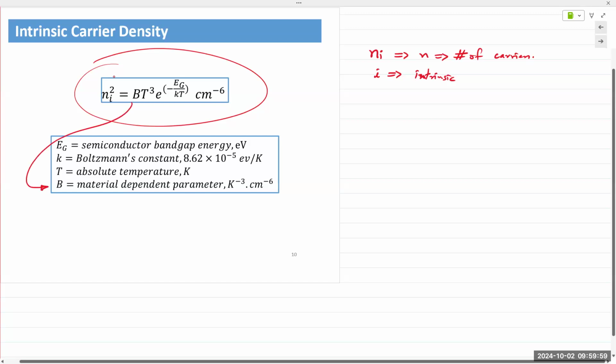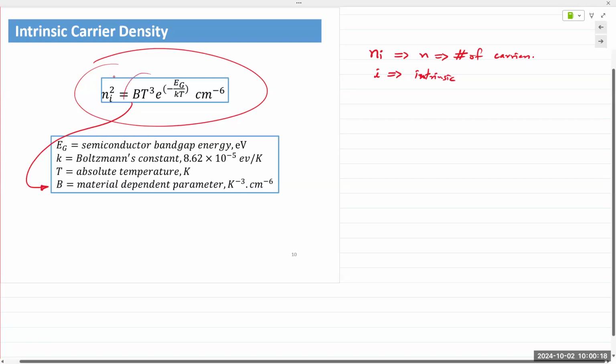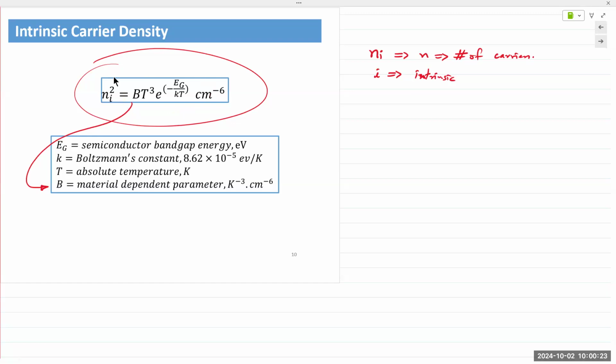It's a material dependent parameter that defines the mobility and the thermal conductivity of the lattice structure. So that is also a given, and then you simply plug into this equation. Depending on the temperature, the number of free carriers in a structure changes, and that is defined by this equation.